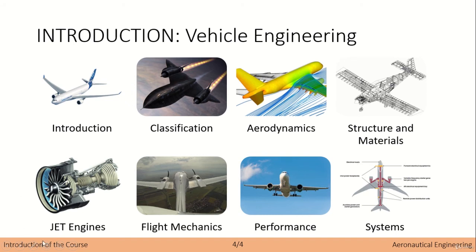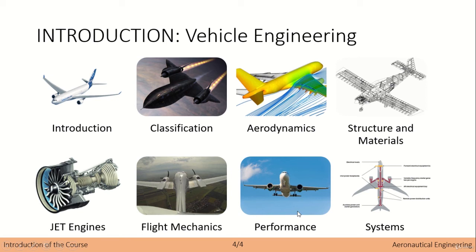We will discuss also jet engines and how they work and why they are able to operate in these conditions and get the amount of thrust which is required for an aircraft. Also we will be discussing flight mechanics and the different components of the aircraft and how they relate to the maneuvers and rotations that we need for an aircraft.